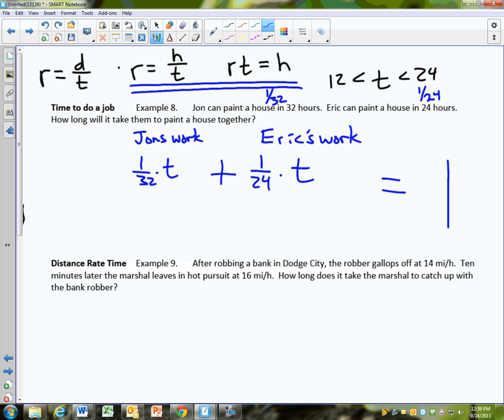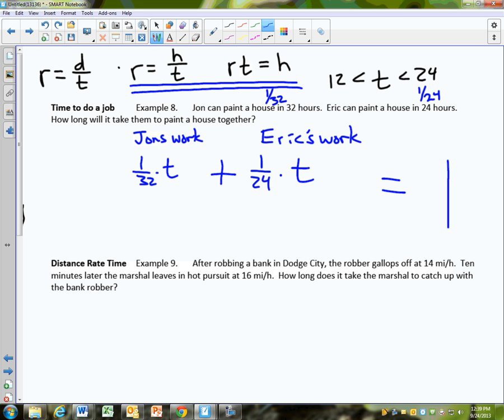If we work together, we're going to finish that job at the same time, right? Who's going to do a greater percentage of that job? She is. Well, we're both going to spend the same amount of time working on it. It's just I'm not going to get as much done.